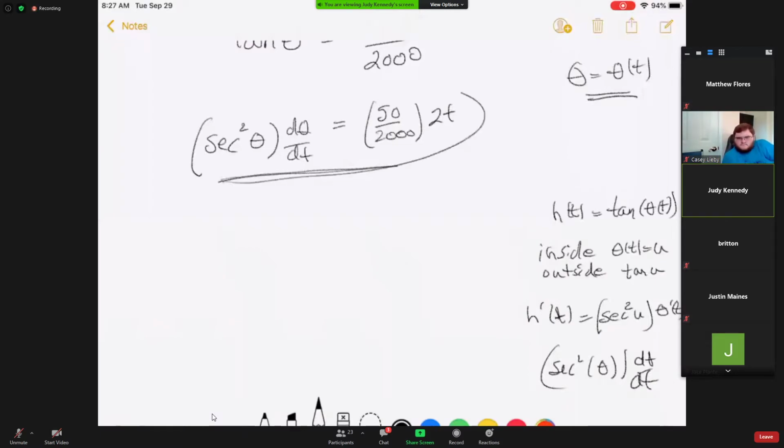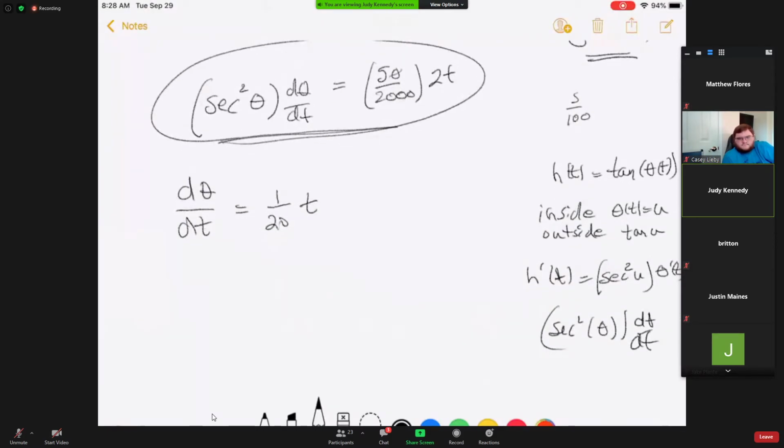Okay, so we've got this relationship between our derivatives, and d theta dt is equal to, okay, what's 50 over 2,000? Well, first of all, 5 over 200, but I can get rid of, okay, 5 over 100, which is 1/20th. Let me check my arithmetic there. Sometimes.